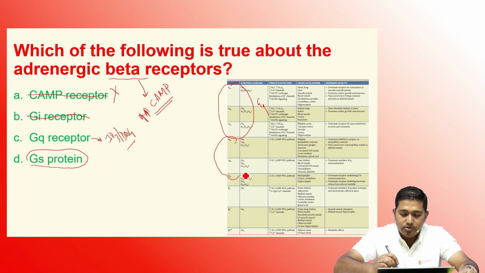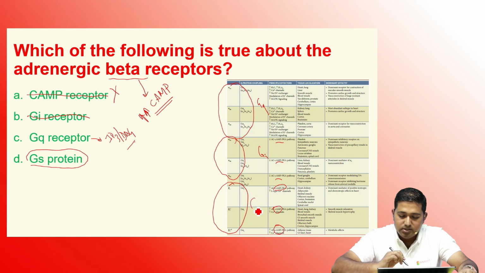They mainly act through the Gi receptors. As you can see, they decrease the level of cAMP. If you talk about the beta receptors, all three beta receptors increase the activity of cAMP. Because they increase the activity of cAMP, they will all be Gs receptors.